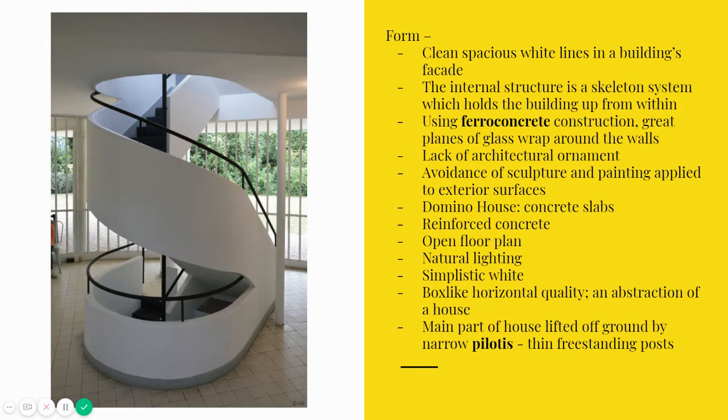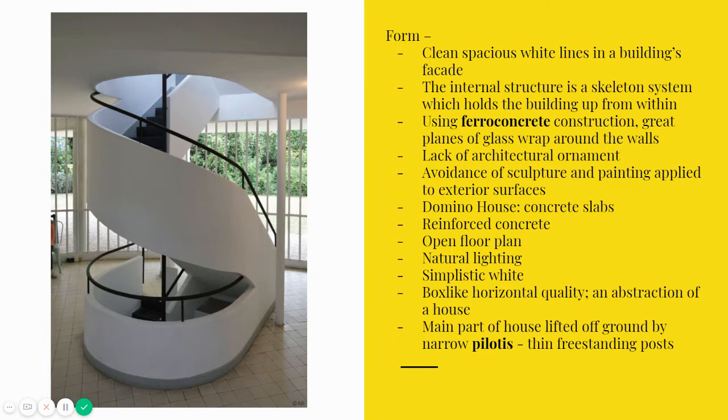The international style would use ferroconcrete and glass. So basically, concrete and glass would be put up around this skeleton structure of steel beams and steel rods, and then you would attach your walls and your surfaces to that. Okay.